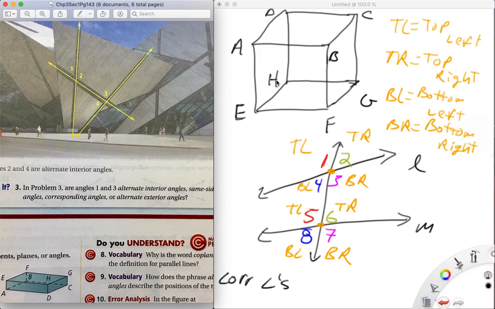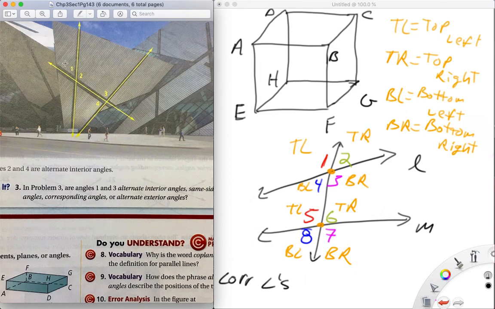So they could either be same side or alternate interior. They're not on the same side, so they can't be same side interior. So these guys are alternating interior. They're on opposite sides of the transversal and the interior, and they're non-adjacent. So they are alternating interior angles.